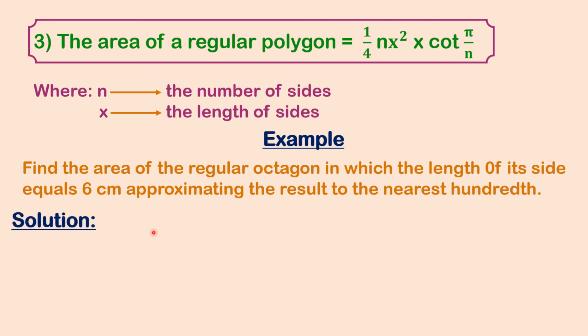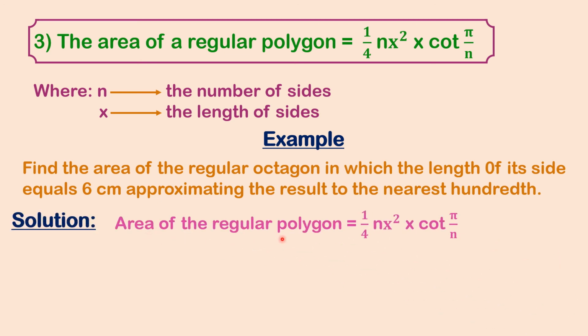So the solution is area of regular polygon equals 1/4 n x power 2 times cotangent pi over n.